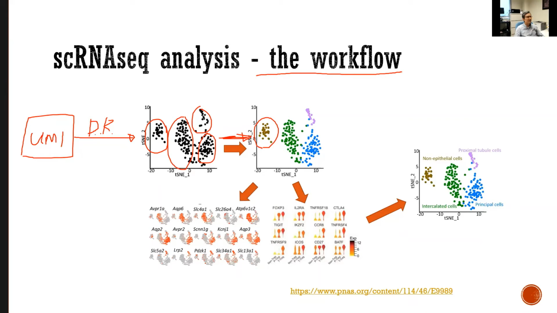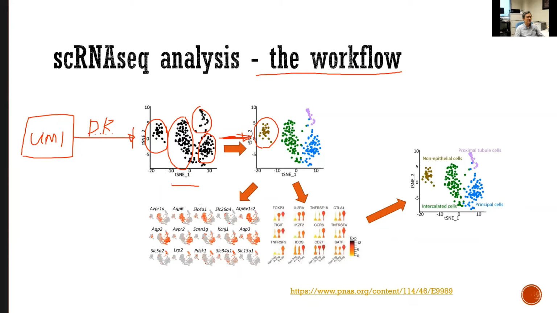Then we have a dimension reduction algorithm using tSNE or another algorithm to visualize or reduce the dimension, and then use a clustering algorithm to separate the cells into groups.